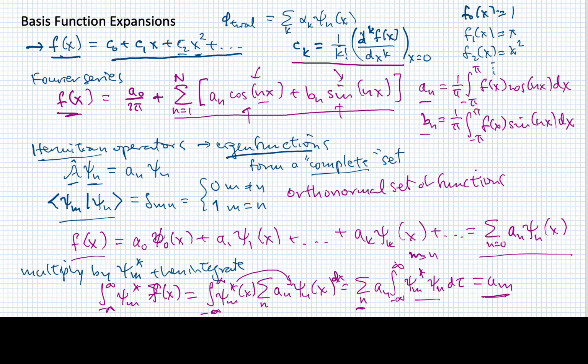So look, a sub m is now defined by this integral of the mth eigenfunction times f of x integrated over all space. So we're going to be using these kinds of things in several different areas in this course. This is something that was used to prove the variational principle, and it can be used for many other purposes as well.